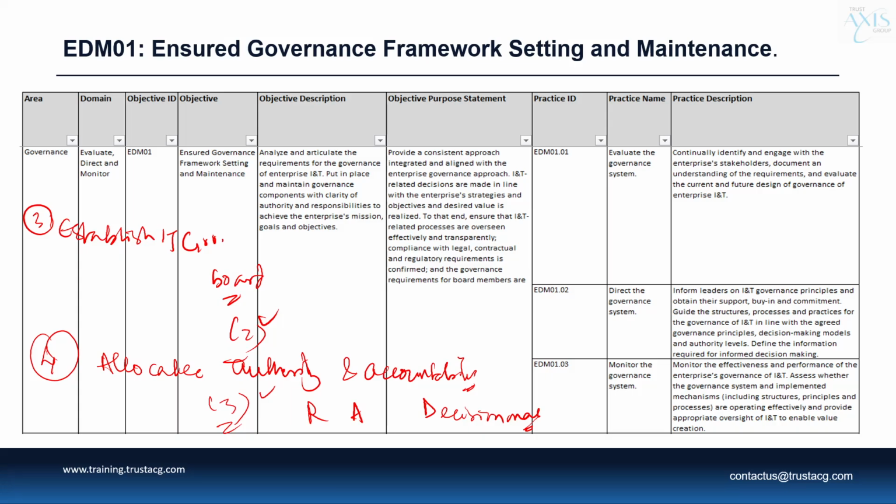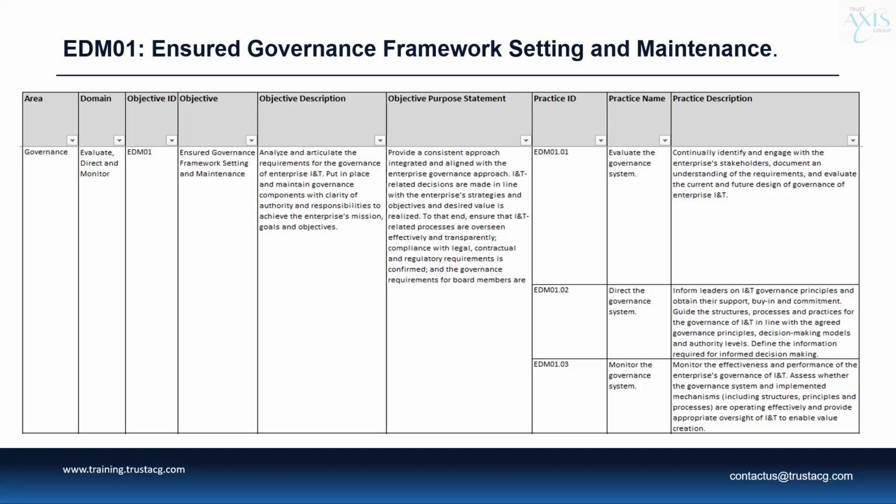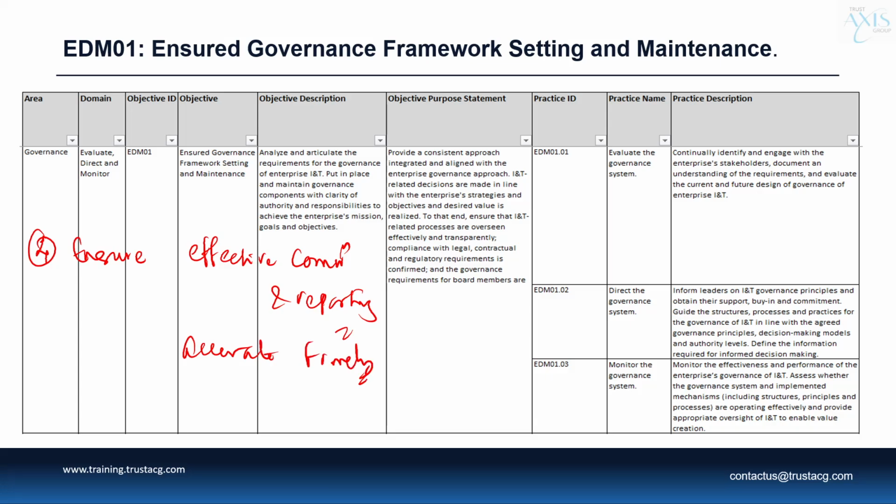Okay, now the other thing that could also be done under directing the governance system is around communication. So you need to ensure effective communication and reporting mechanisms are defined within the enterprise. You will have to develop reporting mechanisms to ensure that all governance practices receive accurate and timely information that would aid in your decision making.